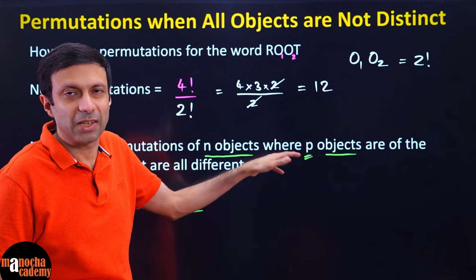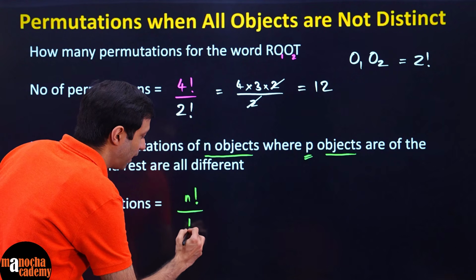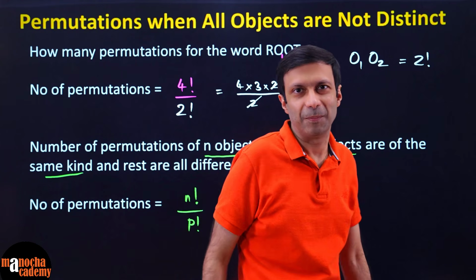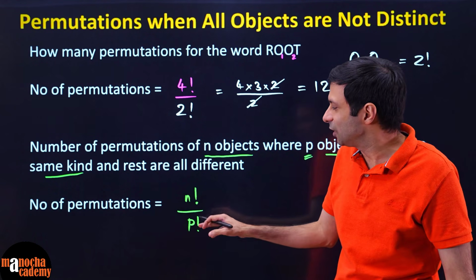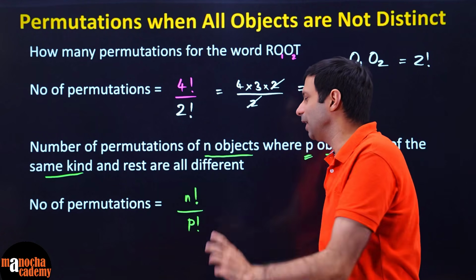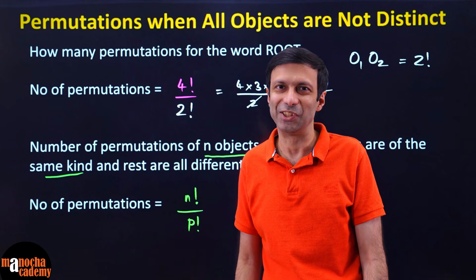P objects are repeated, like here 2 were repeated, 2 O's were there. So I need to divide by p factorial. Very, very important formula, right? So you understood that since you have these extra permutations, we are dividing by them. n factorial by p factorial is the total number of permutations here.